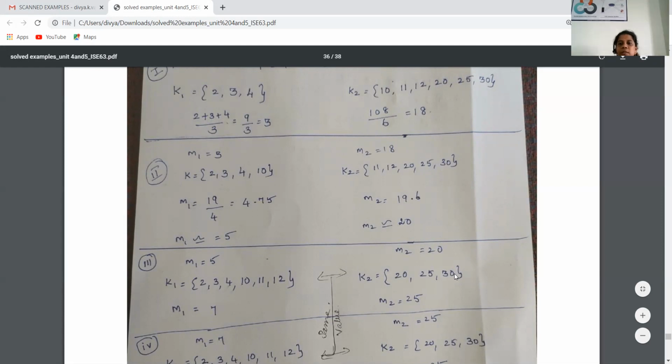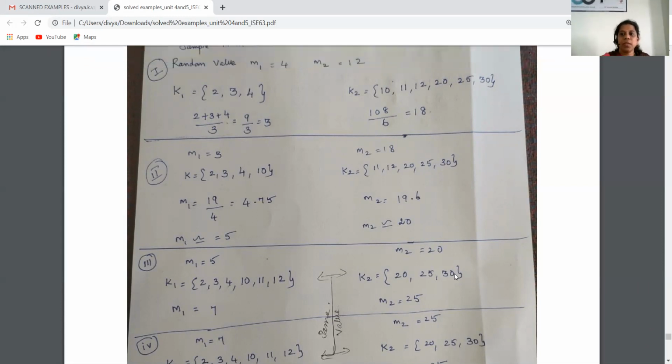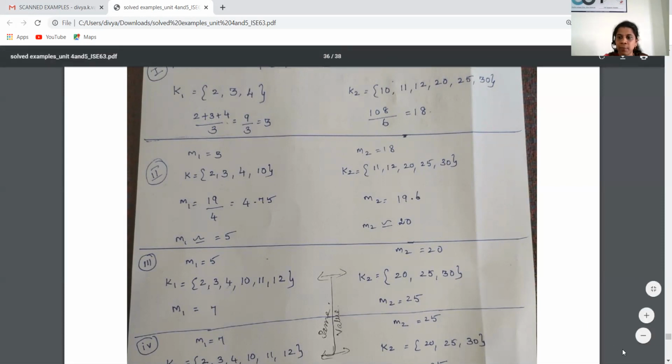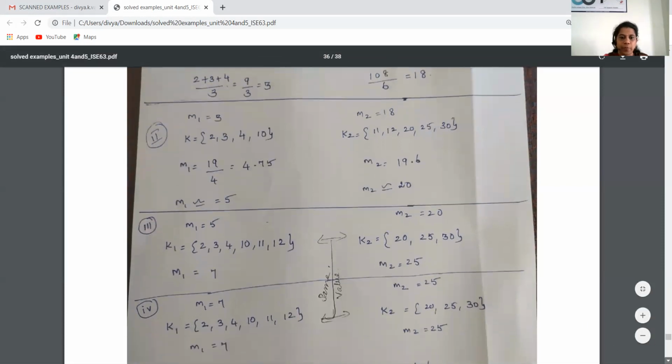Now, what will be the next procedure? Again we'll calculate the mean value of these points. We'll get the new mean value as 7. Here also we calculate the mean value of these 3 points. The mean value is 25. So we got again new mean values, that is 7 and 25.